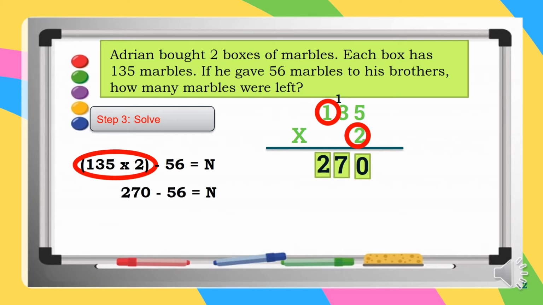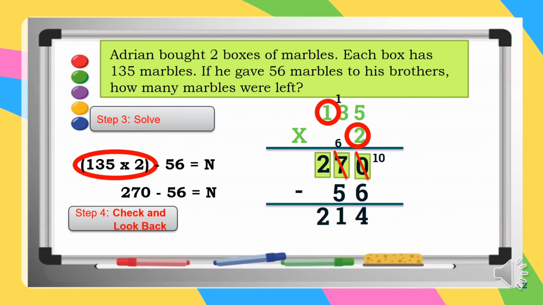Therefore, 135 multiplied by 2 is equal to 270. And then, let's subtract 56 from 270. 270 minus 56 is equal to 214. Step 4 is to check and look back. There are 214 marbles left for Adrian.